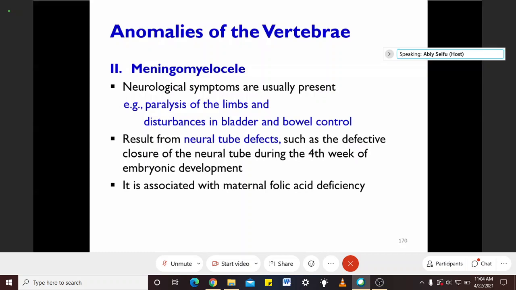And this meningocele is a result of a neural tube defect, which is associated with a defective closure of the neural tube during the embryonic period, up to the fourth week of embryonic development.